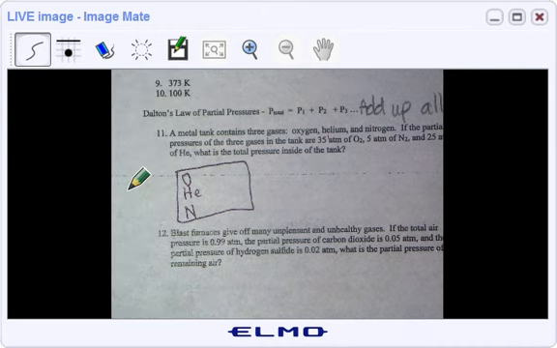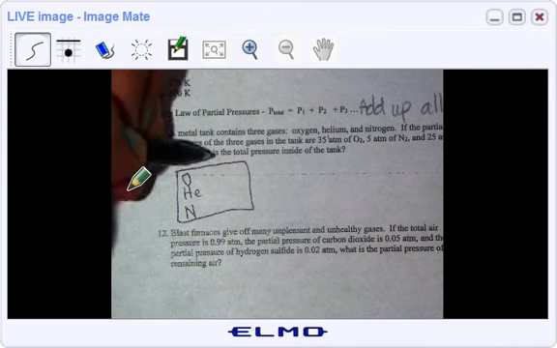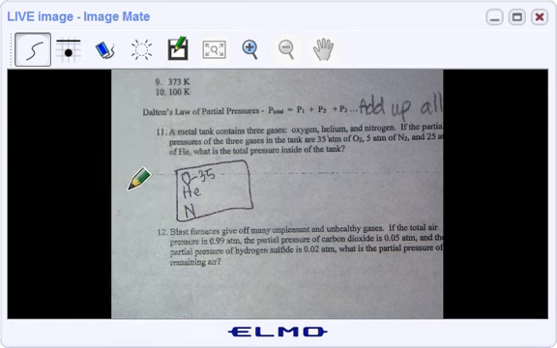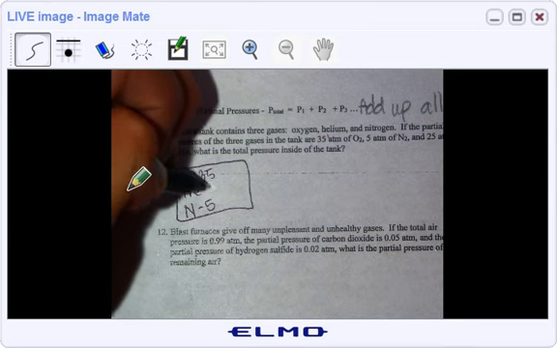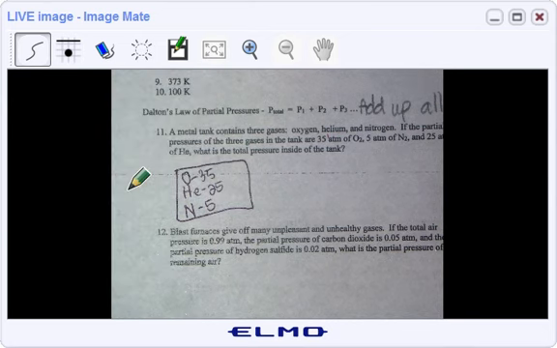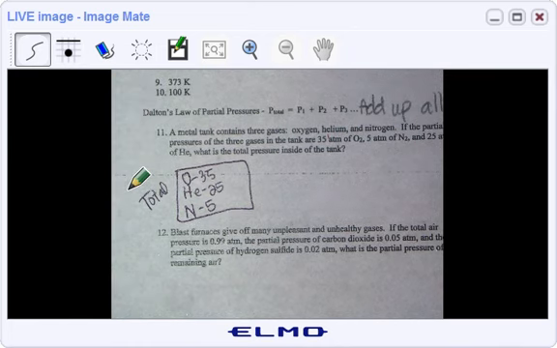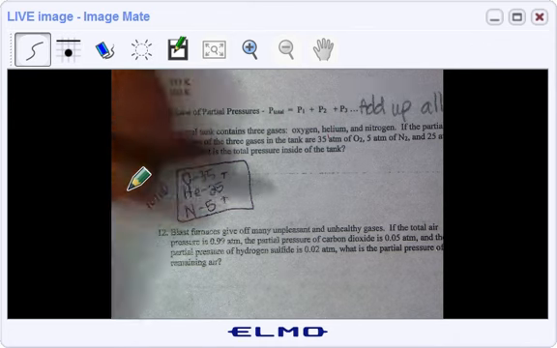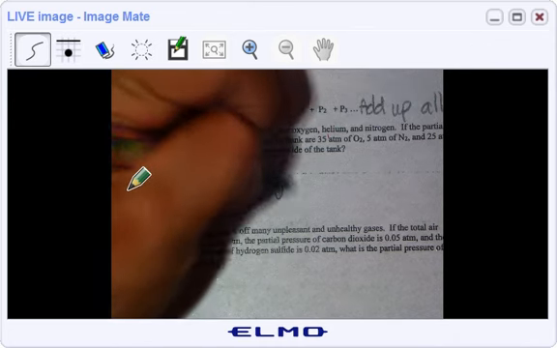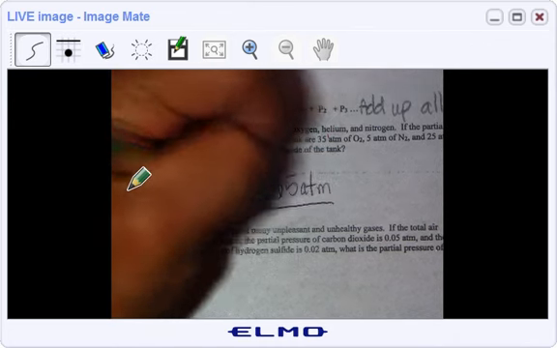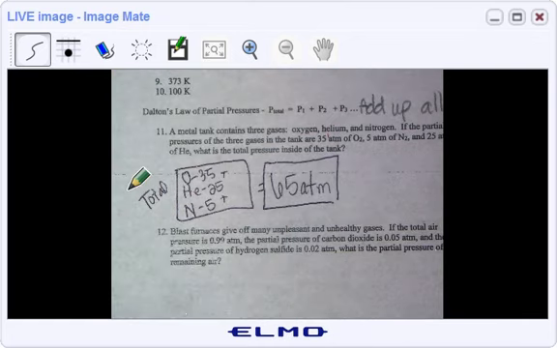And the pressures of those, 35 for oxygen, 5 for nitrogen, and 25 for helium. Then it says, what is the total? To get the total, you just add them up. Okay, that's how you do that one.